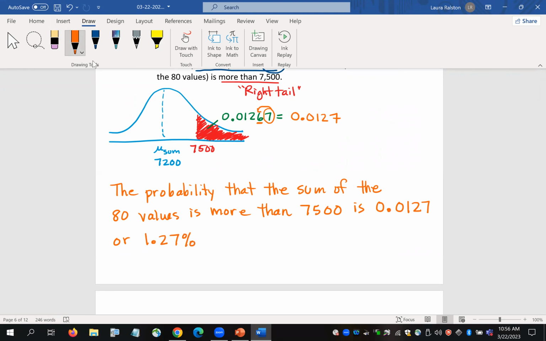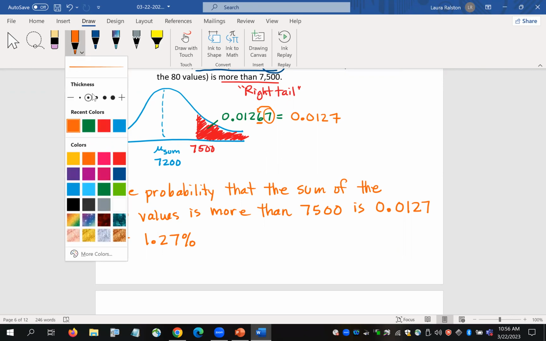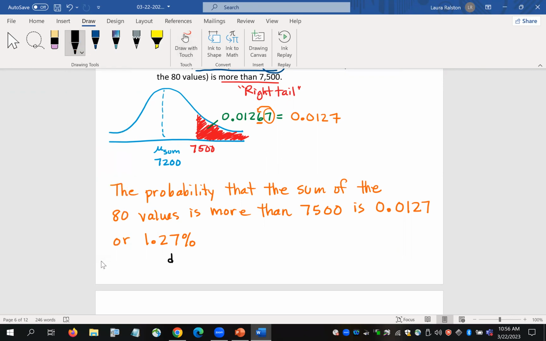Again, this is the decimal, and we convert the decimal to a percentage by doing the decimal times 100%. Okay, this is the decimal. And that's usually the answer you're going to give if they ask for the probability. If it asks for a percentage, then you would convert it to the percentage.